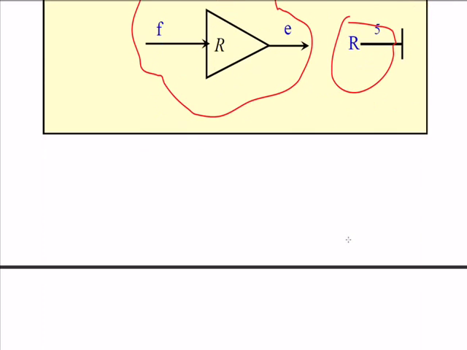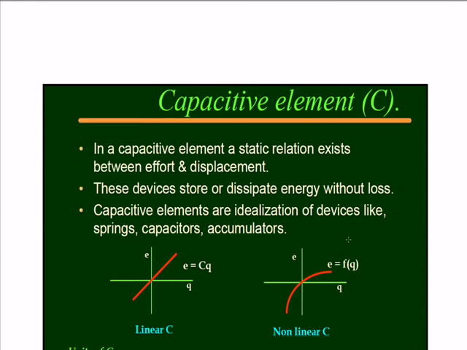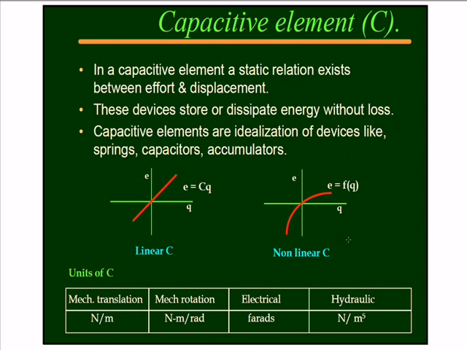Okay. If we do the same thing for the other elements, perhaps what I should do is concentrate on the C and the I element, those three, C, R, and I, and we will leave the discussion for the other lecture that will come afterwards.